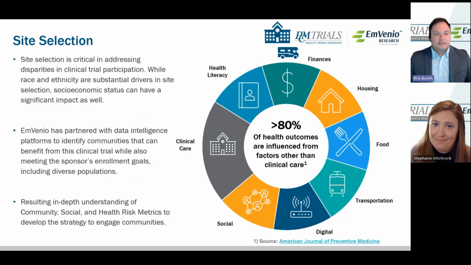Well, it comes through this site selection area. It is critical in addressing disparities, having the right sites. Some therapies require intricate medical work that can only be found in an academic hospital in those areas. But most studies have some form or component that can actually be utilized outside of those academic med centers.